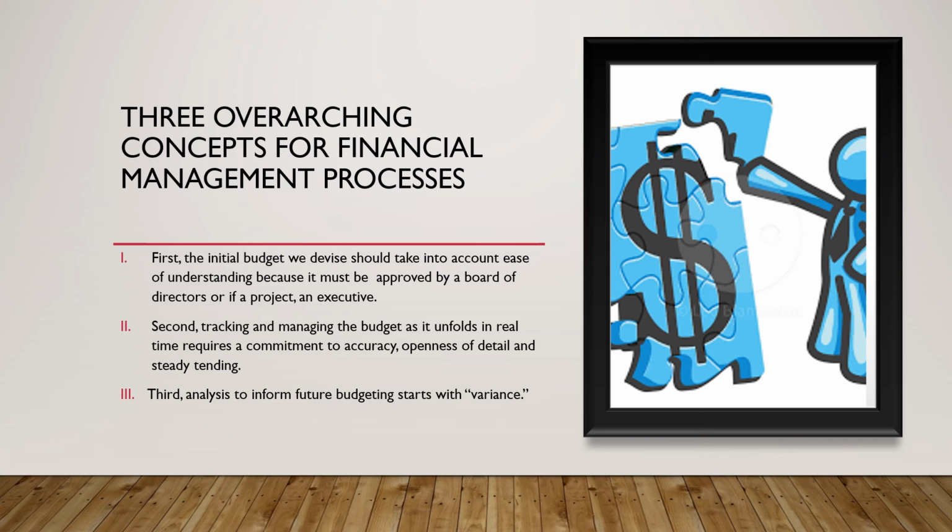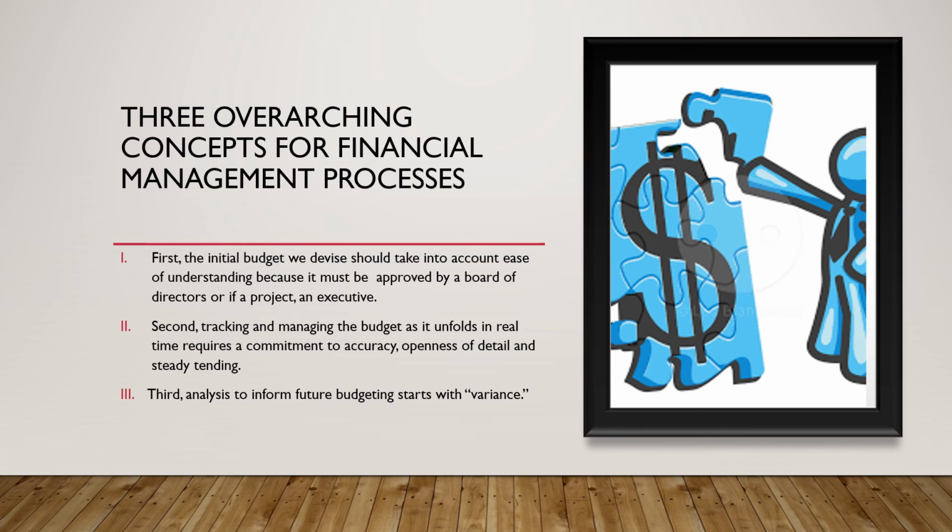So here are 3 quick concepts for financial management processes. First, the initial budget we devise should take into account ease of understanding because it must be approved by a board of directors or, if a project, an executive. Second, tracking and managing the budget as it unfolds in real time requires a commitment to accuracy, openness of detail, and steady tending.